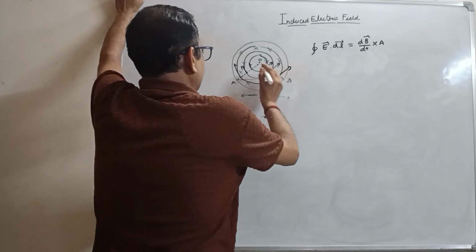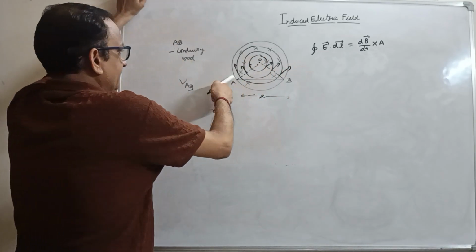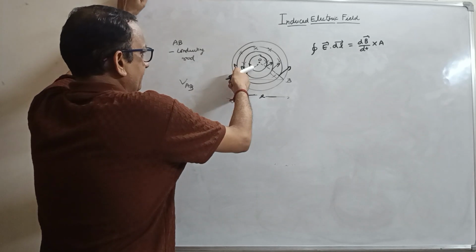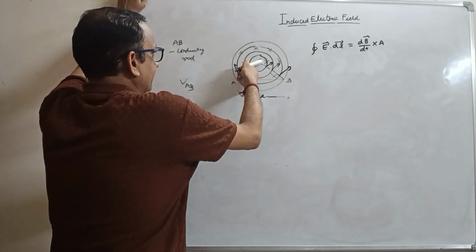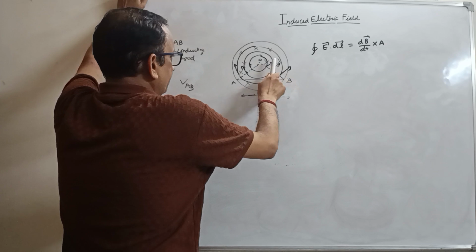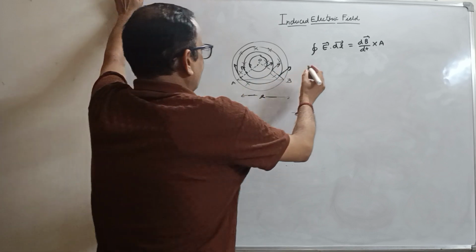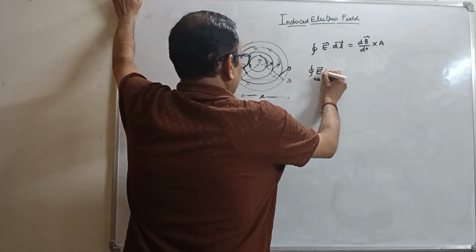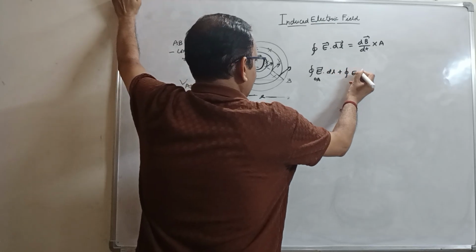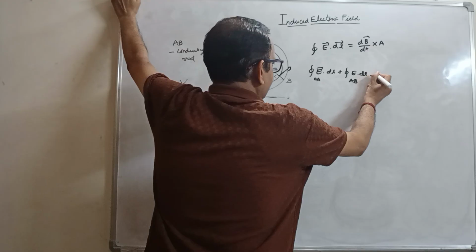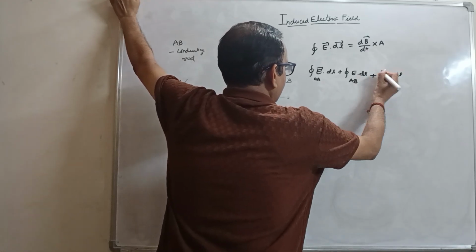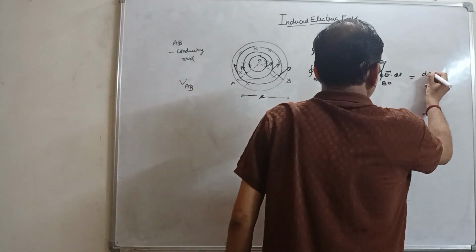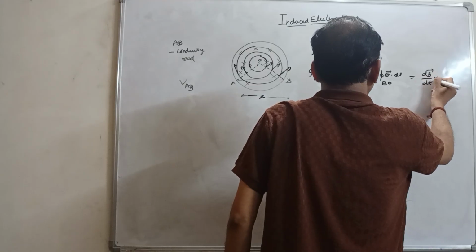Here the intensity is maximum, here the intensity is lesser, more lesser, and here is least. So we calculate the electric field E dot dl in region OA plus E dot dl in region AB plus E dot dl in region BO, that should be dB by dt into the area of the loop.